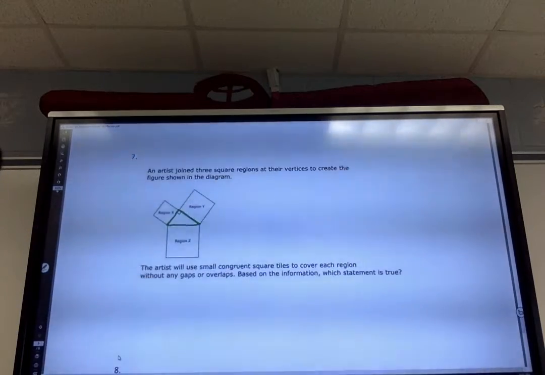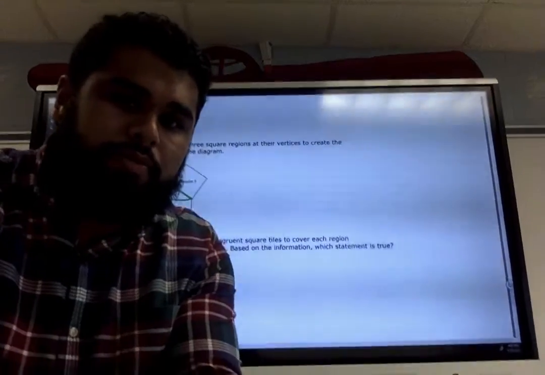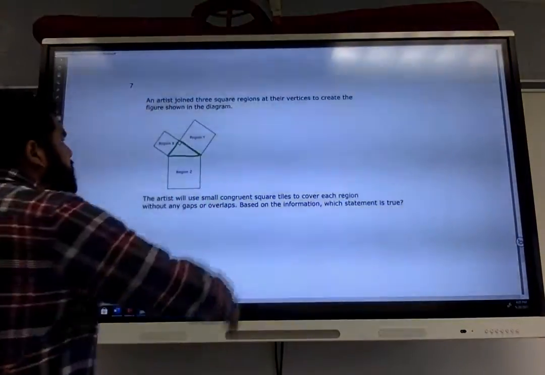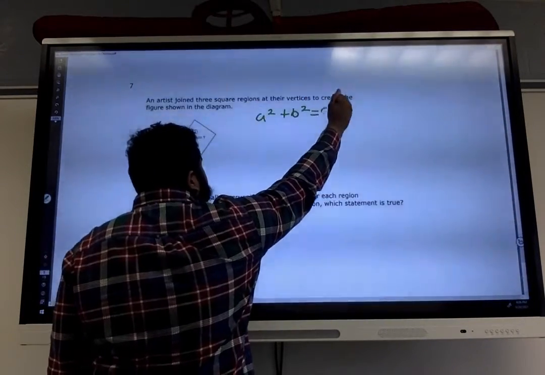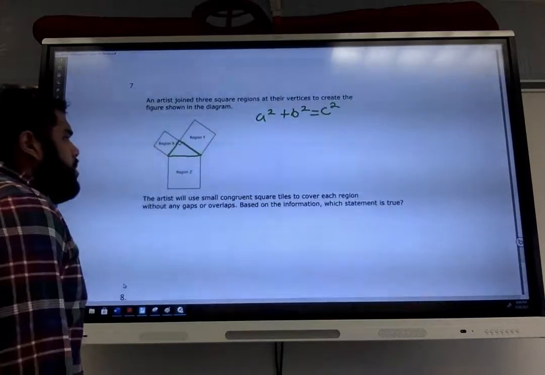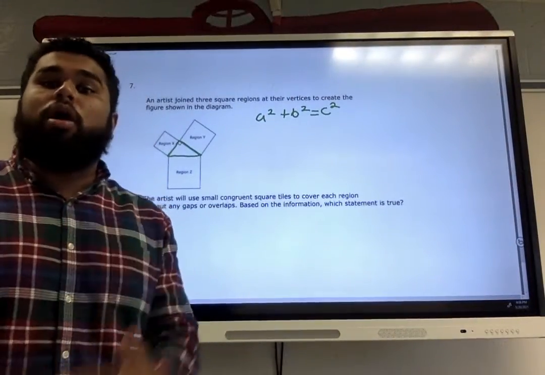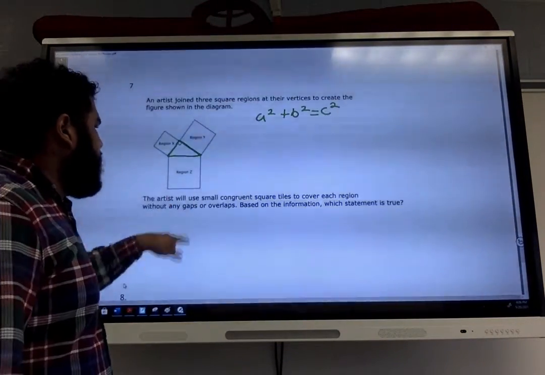Now, in a right triangle, if we want to find the longest side, what formula do we always use? We are going to use the Pythagorean theorem: A squared plus B squared equals C squared. I know that C is always going to be the hypotenuse, the longest side of the triangle. If I look over here, which one of these is the longest side?